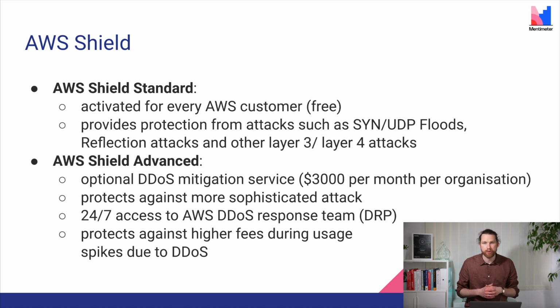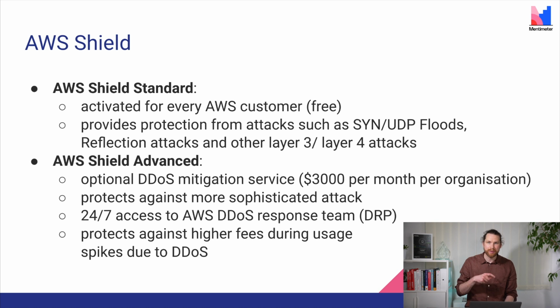If that is not enough, or we would like to have an insurance, we can go with AWS Shield Advanced, which costs $3,000 per month per organization. But with this, we get a bit more sophisticated protection against attacks, better support, and a quicker response time.